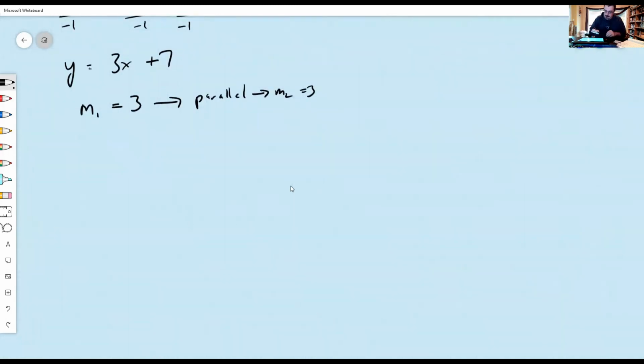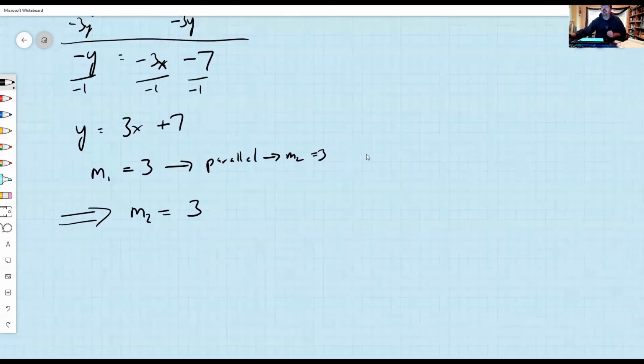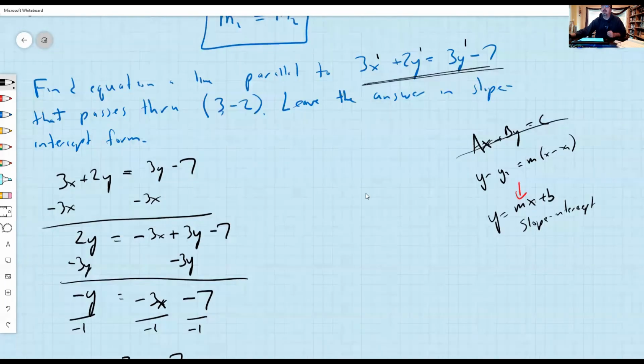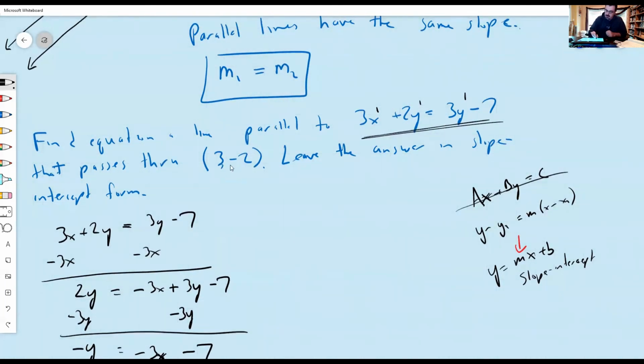So what do I have? I have m2 equals 3, and my new line is going to pass through this point, (3, -2).